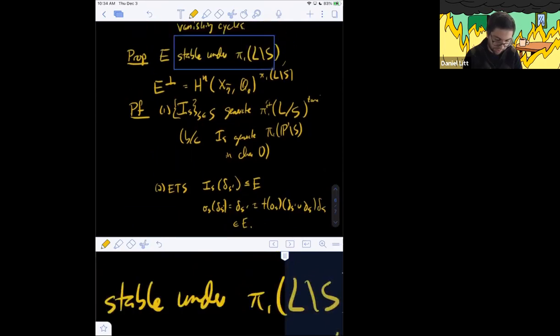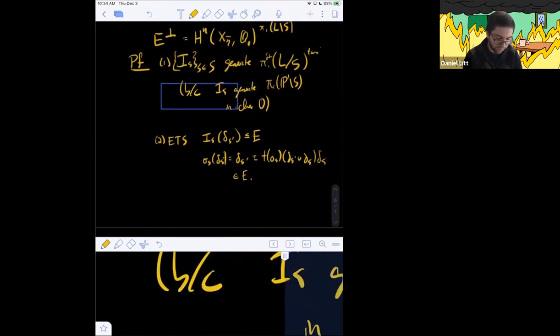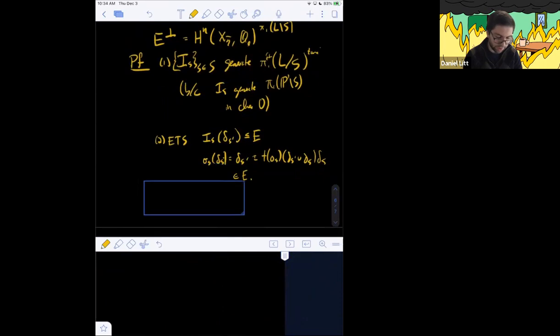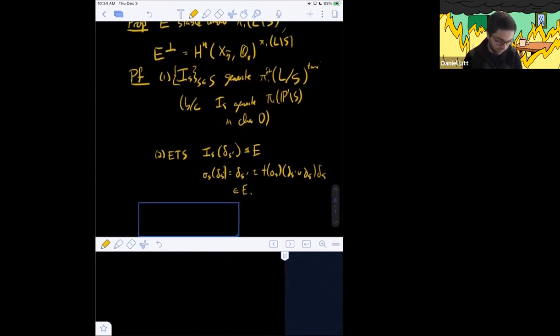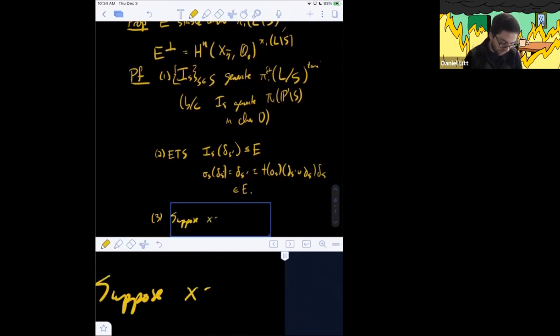So we've now shown that E is stable under pi1. Now what about E perp? Let's see what happens. Suppose X is in E perp.